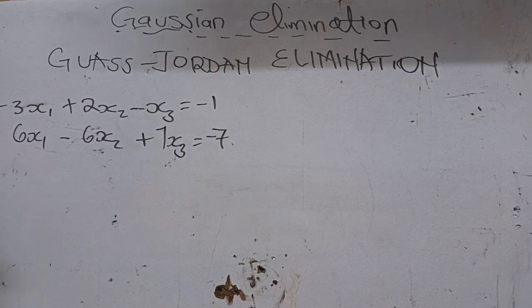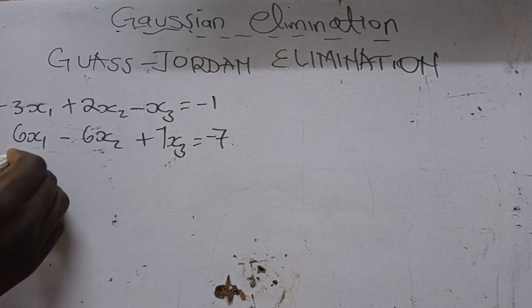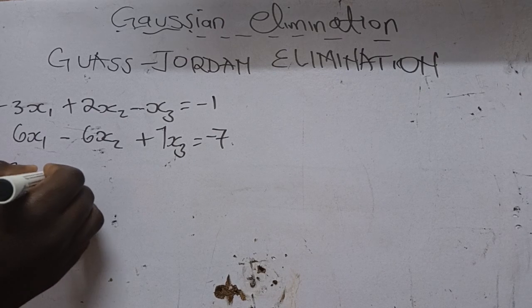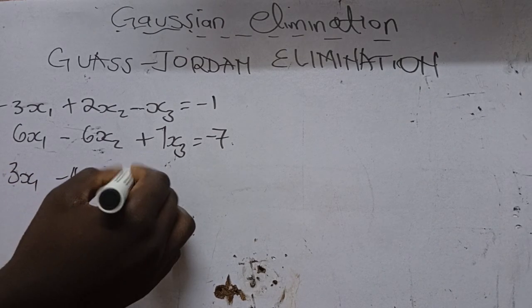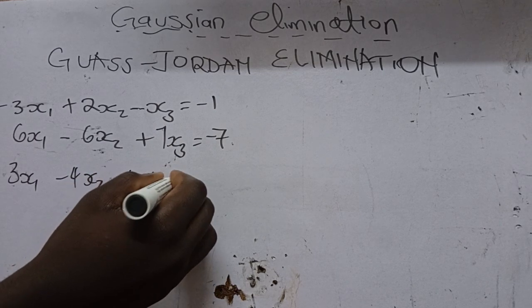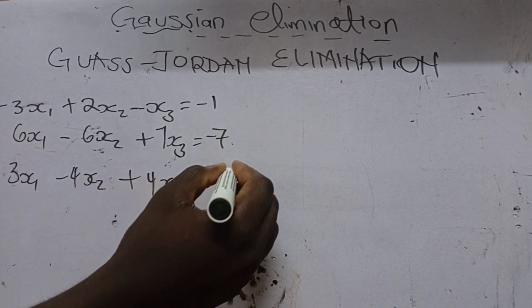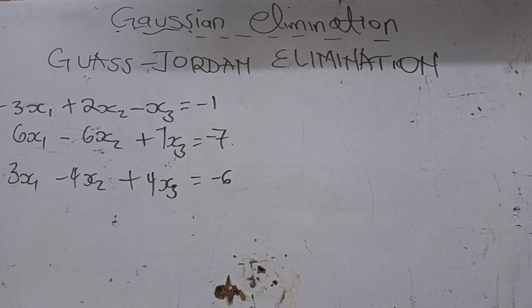Then here we have 3x1 minus 4x2 plus 4x3 is equal to negative 6.